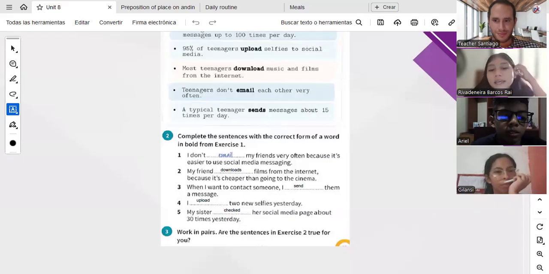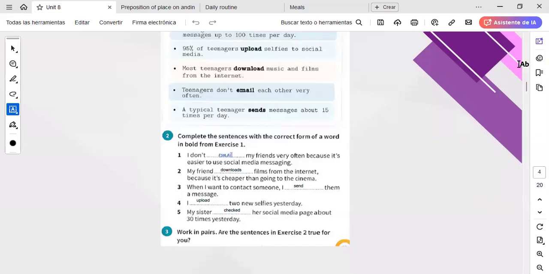When I want to contact someone, I send a message. Okay, awesome. Jilansi, what about you? Number 3, when I want to contact someone. Okay, thank you so much.